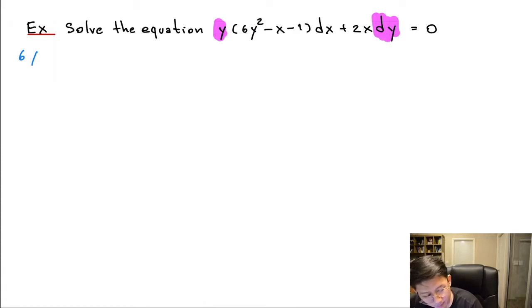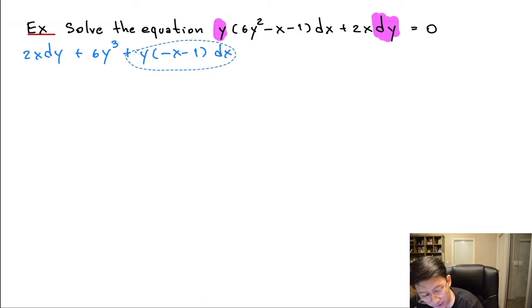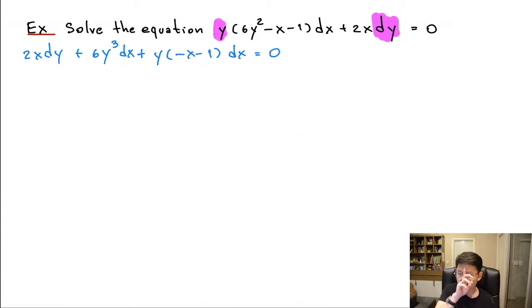So it's going to be 2x dy plus 6y cubed, plus y minus x minus 1 dx, and I should have dx here as well, equals 0. Makes sense, guys?